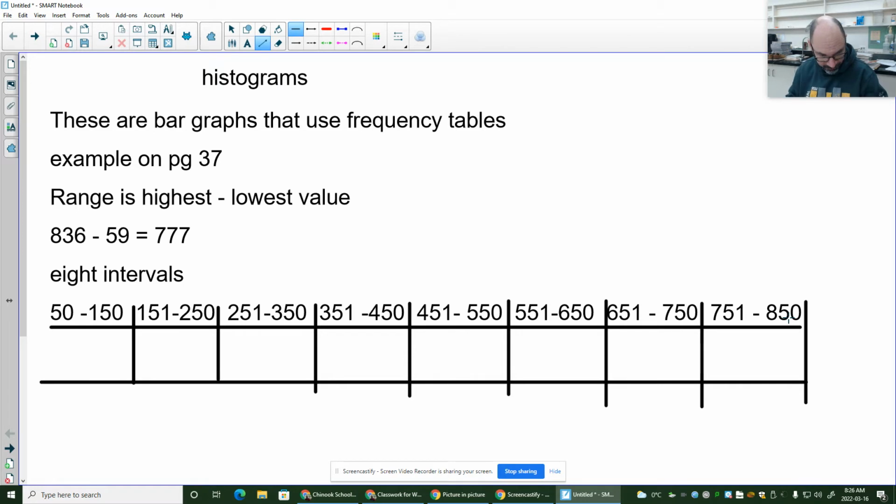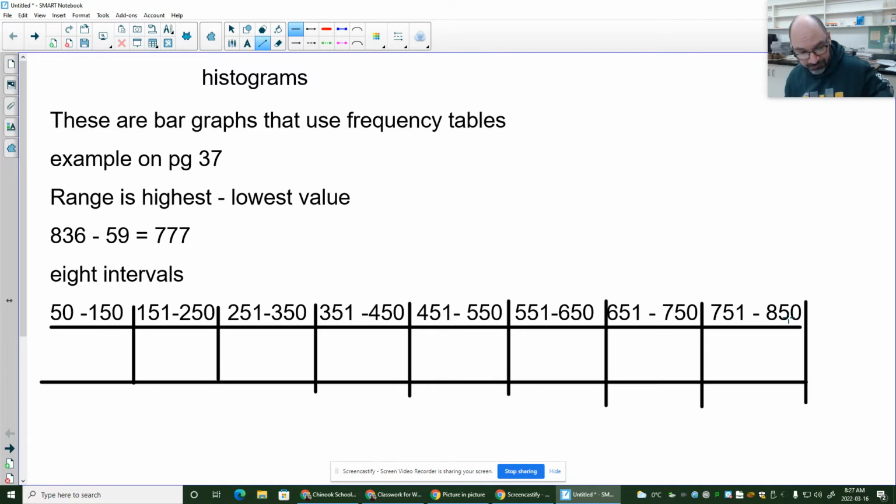Okay, so 50 to 150. I'm going to go 1, 2, 3, 4, 5, 6, 7, 8, 9, 10, 11, 12, 13, 14, 15, 16, 17.